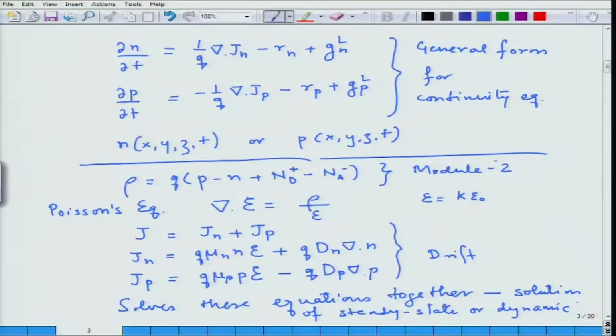This is why we say this is the starting point of device analysis. Any device analysis starts from these equations, and you can see they are interdependent on each other, hence they all have to be solved simultaneously in order to find a solution. And this is the starting point of many device simulators, which exist commercially also, but one needs to know this basic knowledge in order to use them and find a solution to various device characteristics.